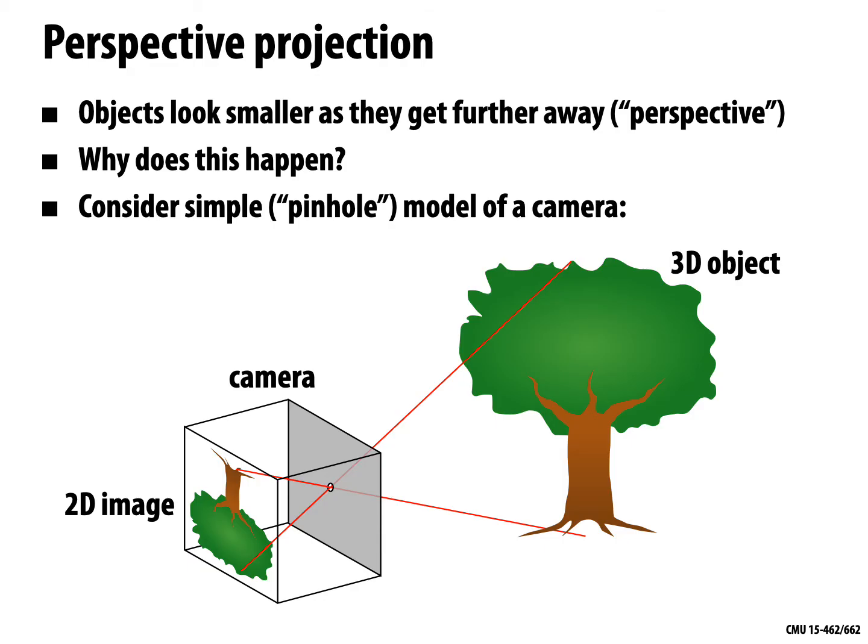And on the opposite side from where you poke the hole, you put a piece of film. Okay, so traditional film was a photosensitive material that had silver halide crystals in it or something like that. And the way it works is every time light comes in, every time a photon hits that film, it causes a chemical reaction to occur. Those little crystals get stuck to the film paper.